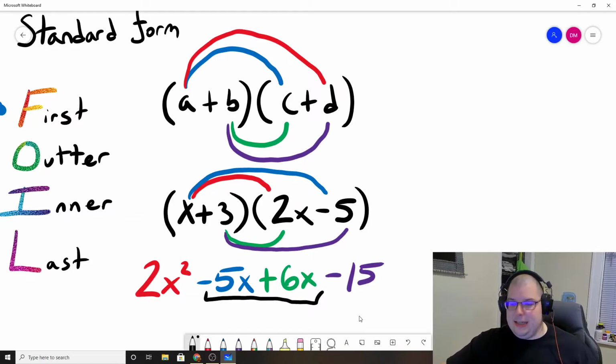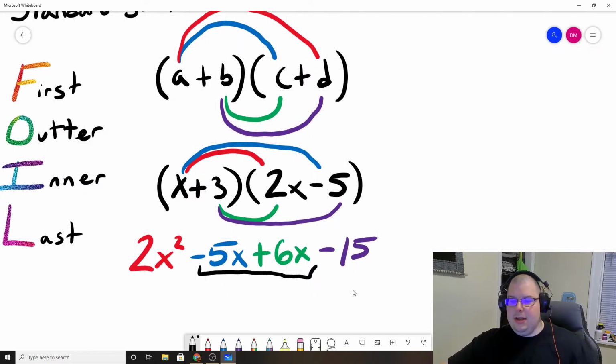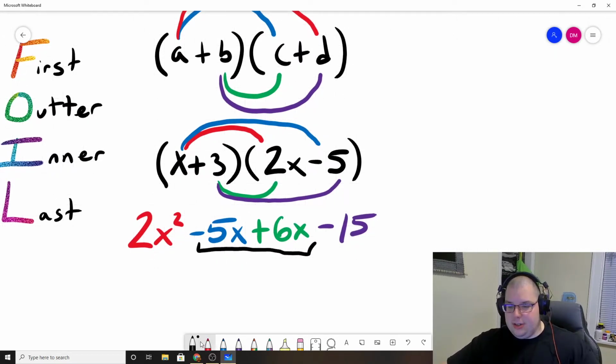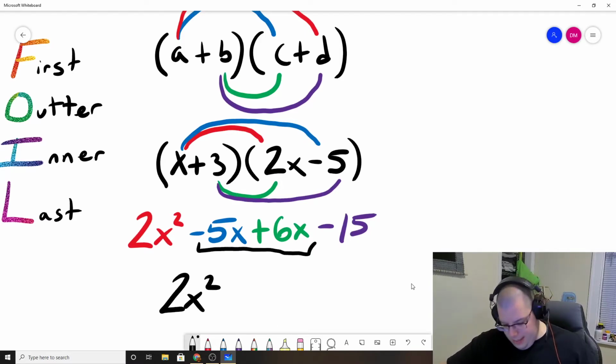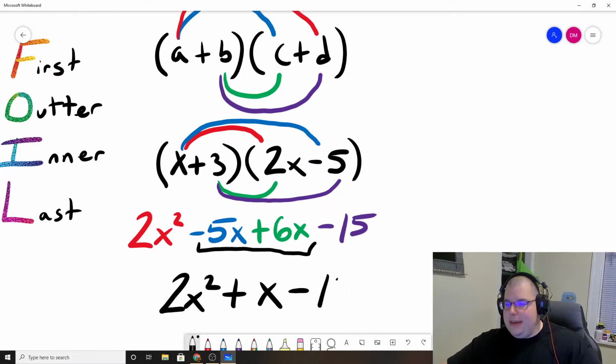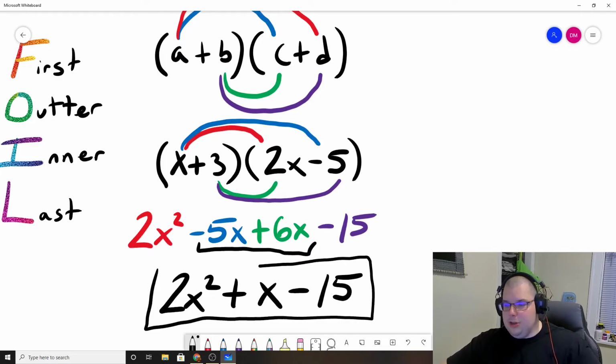They have the same variable, so we can add them together. And so my final answer becomes 2x squared, and then negative 5x plus 6x gives me a positive 1x, or positive x, minus 15. And now that is our final answer after using FOIL.